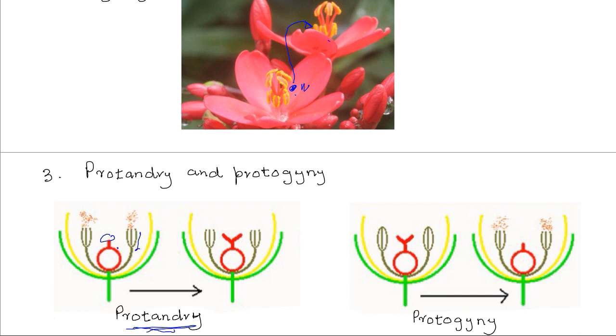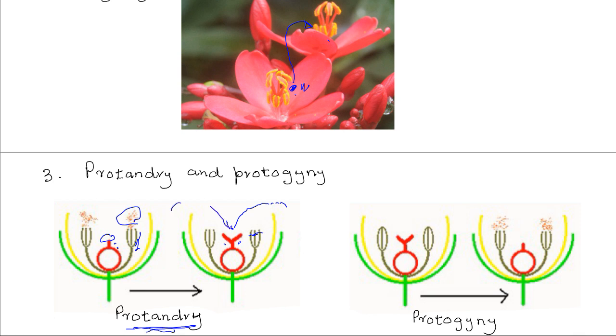So in this particular case here, you can see the anthers are matured and they have released their pollen grains when the stigma is not yet ready. Then after a few days, the anthers will wither, and this stigma then is mature, which means the stigma can only receive pollen grains from another flower.